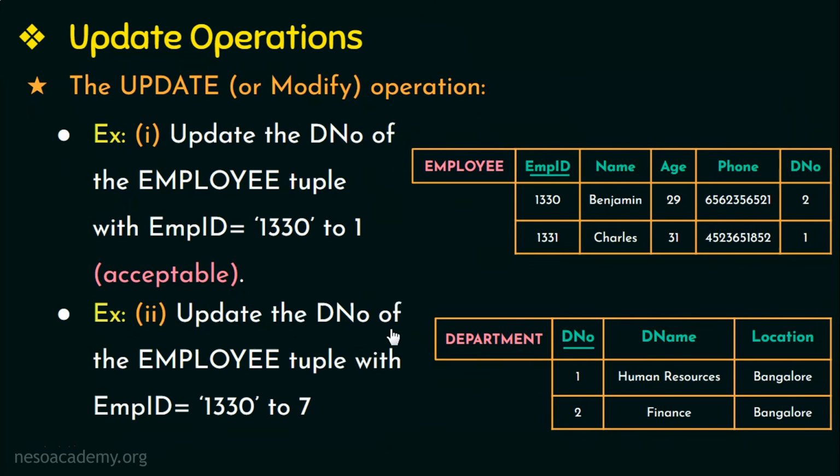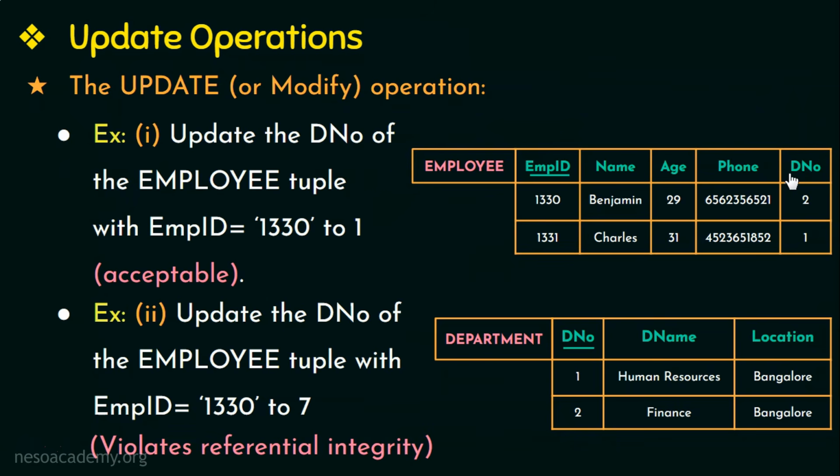Update the D number of the employee tuple with employee ID equal to 1330 to 7. In this example, in the employee relation, the department number or the D number of the employee 1330 should be updated to 7. This update is not acceptable because it violates referential integrity.